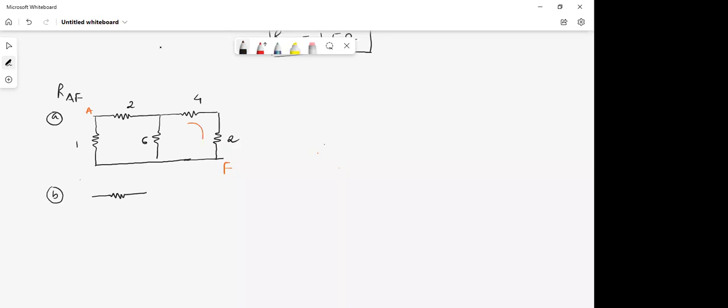The second step we will take. Anything in series? No, sir. Anything in parallel? 6 and 6 in parallel. Yes, very good. 6 and 6 are in parallel. We'll take step C.